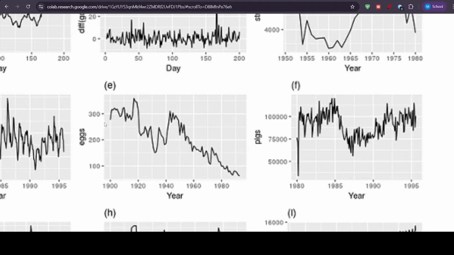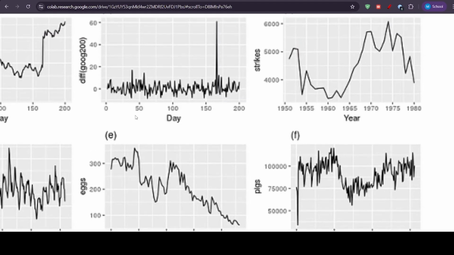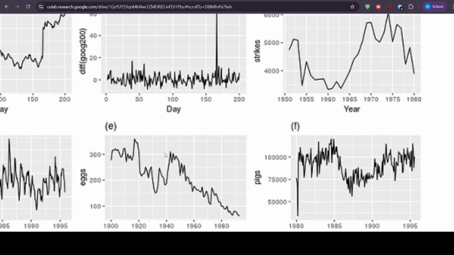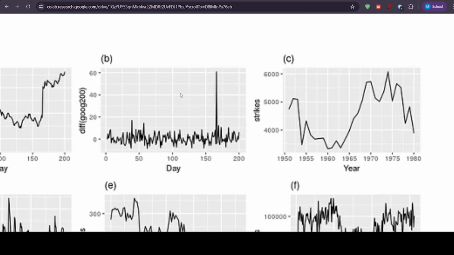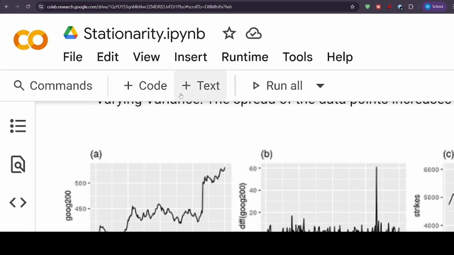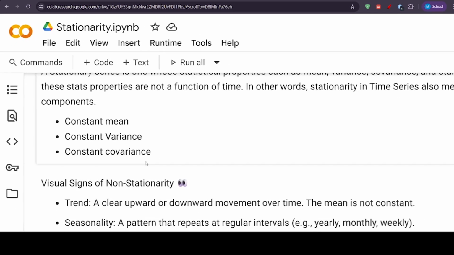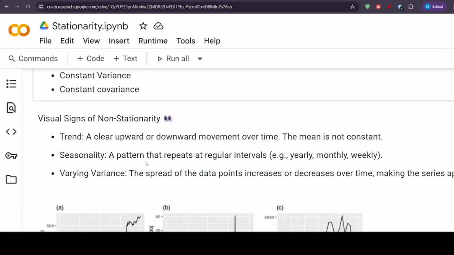It will not be even close to 300. But if you take the average of the upward values in the chart, the top values, then it will be around 300, right? So this is what constant mean looks like, and variance should not vary too much, it should not change in that way. And similarly it should not have a changing covariance also. So we'll see what is covariance.